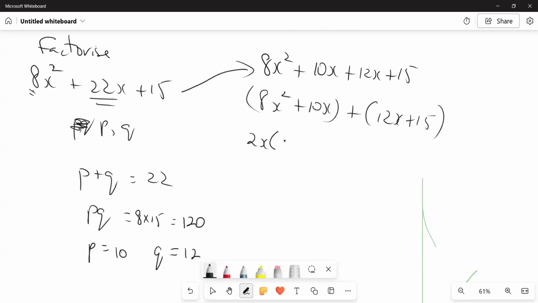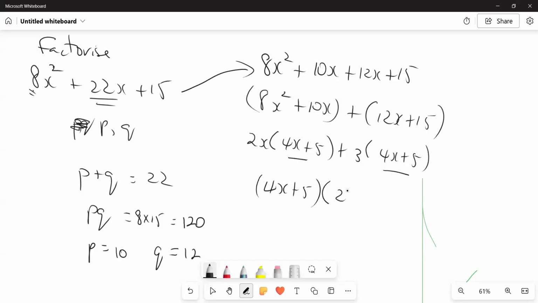So you'll get 4x plus 5. What's common there? 3. And you remember you're aiming to get a common bracket which you will pull to the front. And that's your answer.